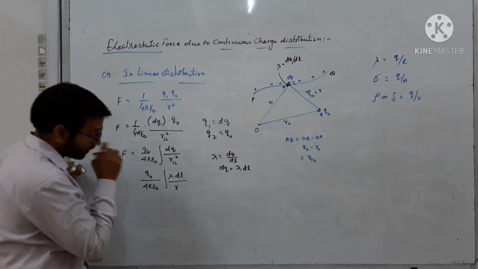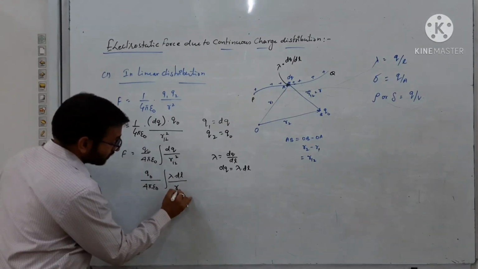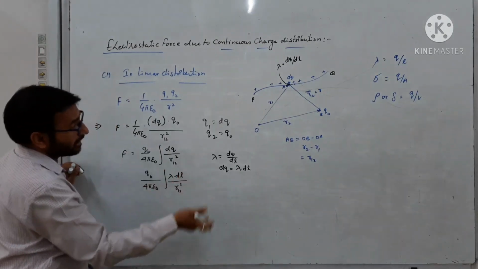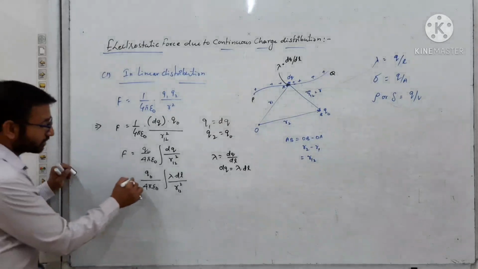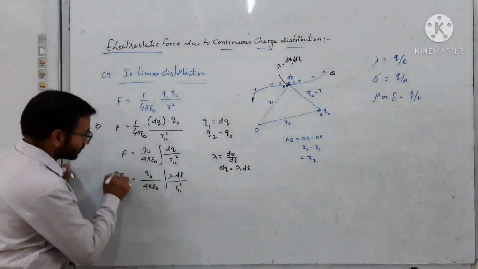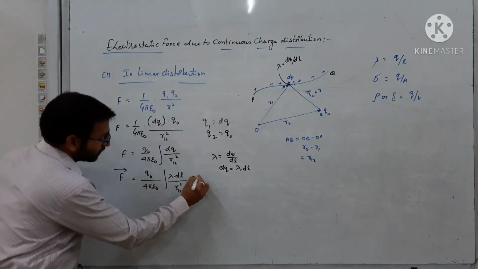Got it? So it equals q naught over 4 pi epsilon naught integral lambda dl upon r12 square. Or if you want, you can show this 12 simply as r. Okay, so this is your formula, the magnitude of this. If you want to show the direction also, you will use r12 type.